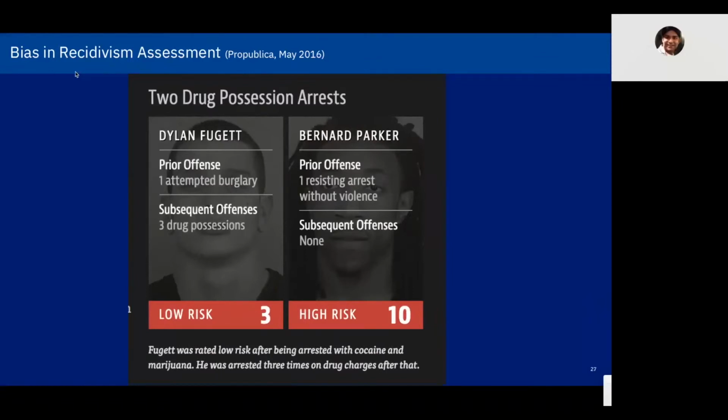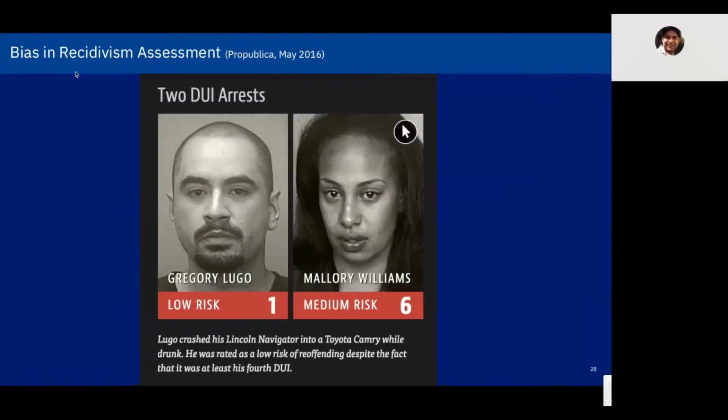On the other hand, Bernard was only resisting arrest without violence, but he was given a score saying he's more likely to reoffend, yet he actually did nothing after the fact. In this case, Mallory Williams was rated medium risk with a high number of six, and Greg was rated low risk with one.